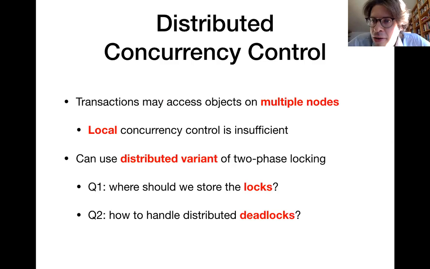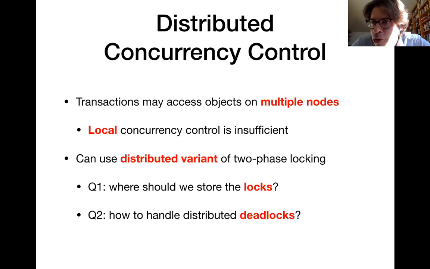One popular concurrency control method that is also used in the distributed setting is, again, two-phase locking, which we have discussed in the lecture before. If we port that to the distributed setting, then two important questions we have to answer is, first of all, where we want to store the locks, because there has to be some kind of registry which says that a specific transaction is currently holding the lock on one specific object.